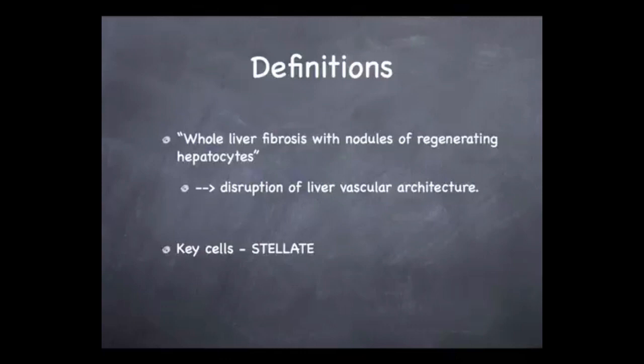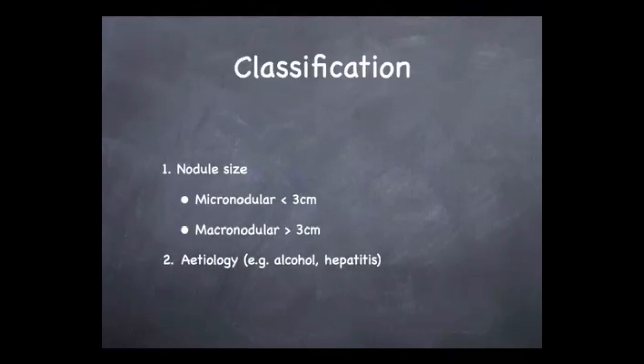Pathophysiologically, the key cell, as I said earlier, is the hepatic stellate cell that sits underneath endothelial cells of the liver sinusoids. If any injury occurs to the liver, there are cytokines released specifically from Kupffer cells that cause activation of the stellate cells and secretion of collagen and fibrosis.